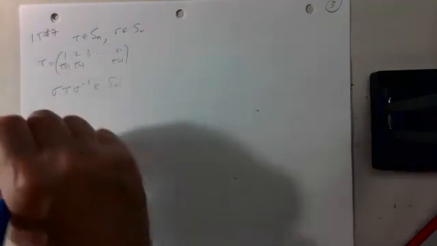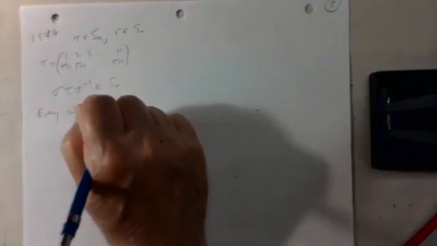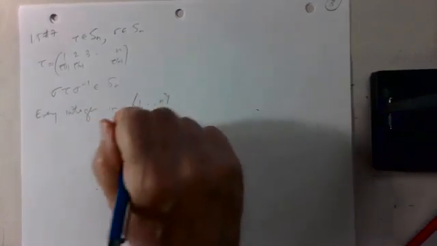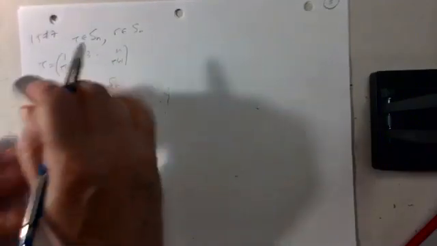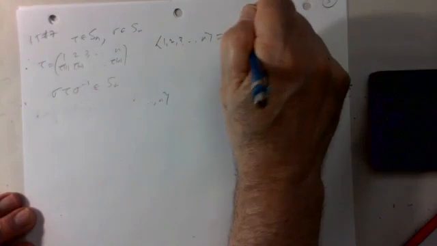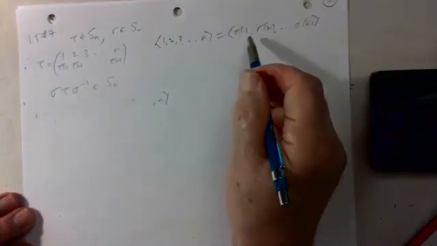So every integer in the set from 1 to n is the same as the set of integers sigma of 1, sigma of 2, up to sigma of n, because sigma is a permutation.